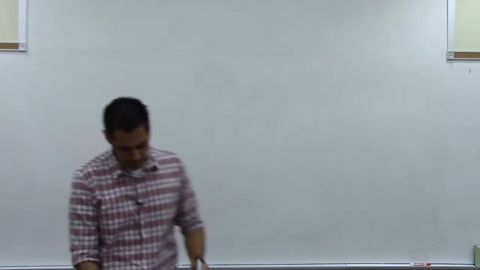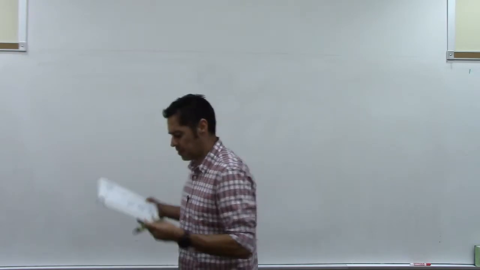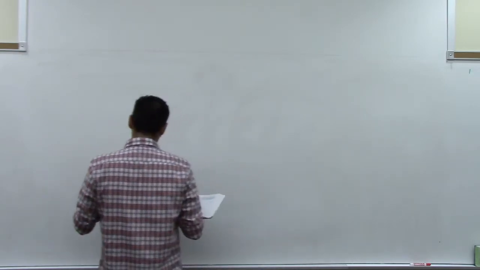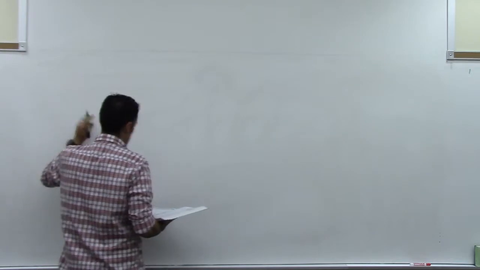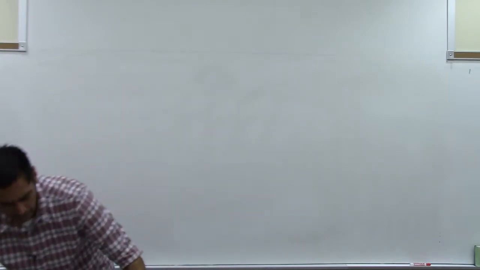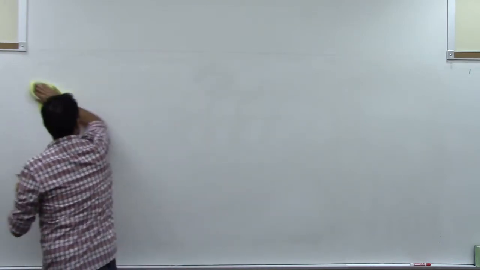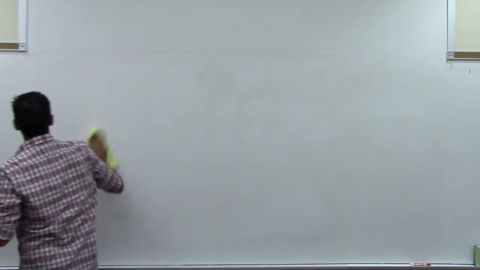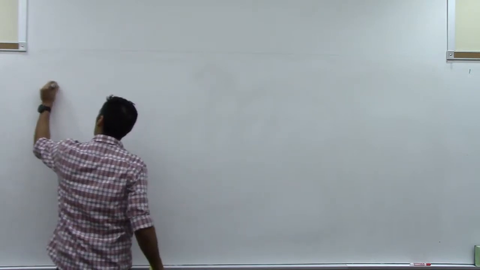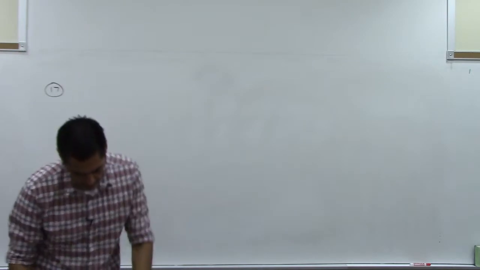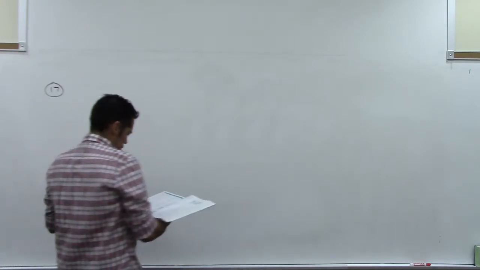Okay, going to be working on 12.2 now, which is the second derivative in the graphs. So we're going to start out here with number 17. And we're given a function.